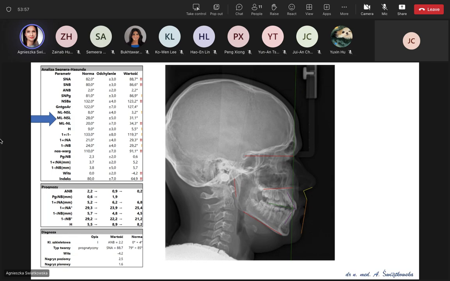We can make the intermaxillary angle grow not so fast, but it still will grow. So even if we treat the patient, we can expect that during our treatment the intermaxillary angle will be bigger. But if we don't do it, it will be much, much bigger.